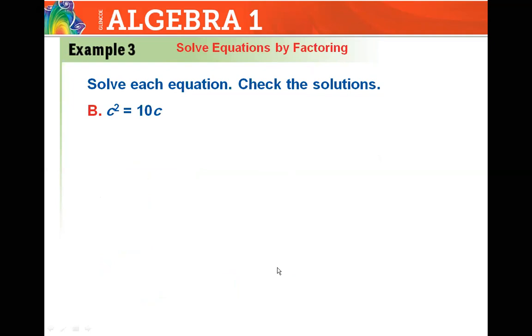Hussam, we have here c squared equals 10c. What shall I do? First, Hussam, if you have a problem like this and you need to find the value of c, one of the sides, the left-hand side or the right-hand side, must equal 0. So the first step, I get this to the other side by the opposite sign.